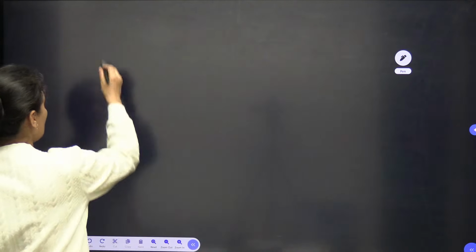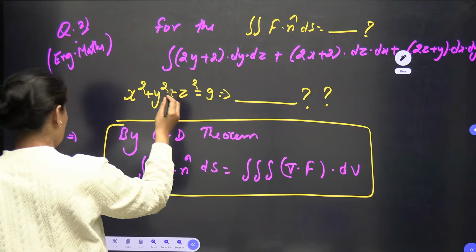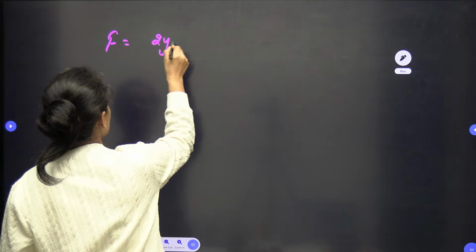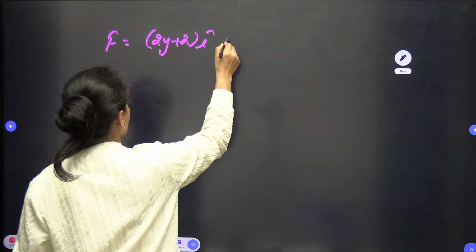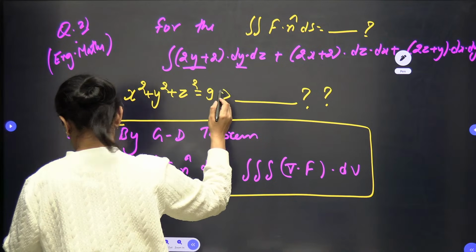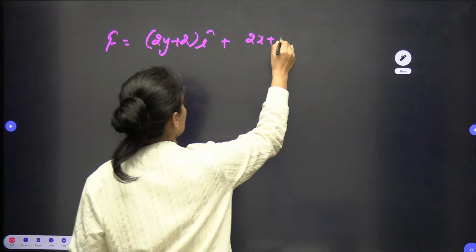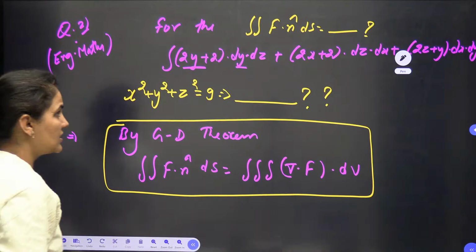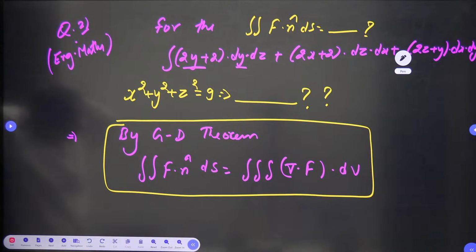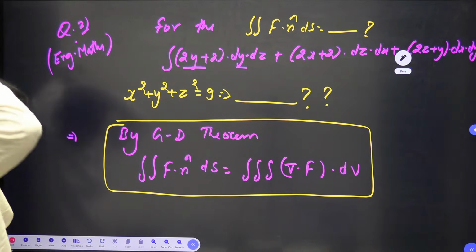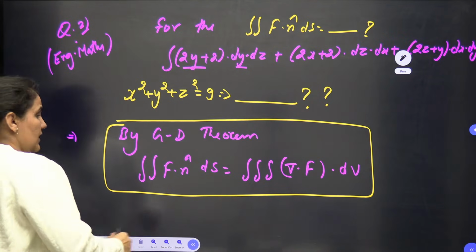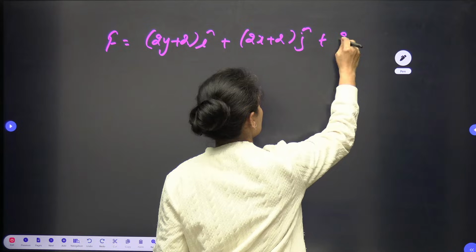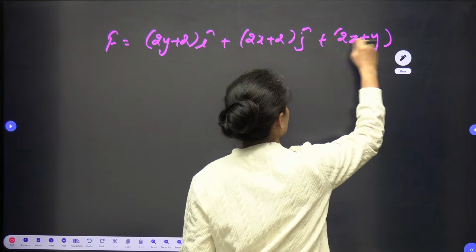So how can we write it down? I am writing the function first. This is 2y plus 2 i cap plus 2x plus 2 j cap, and what is the next one? 2z plus y dx plus dy, so 2z plus y k cap.